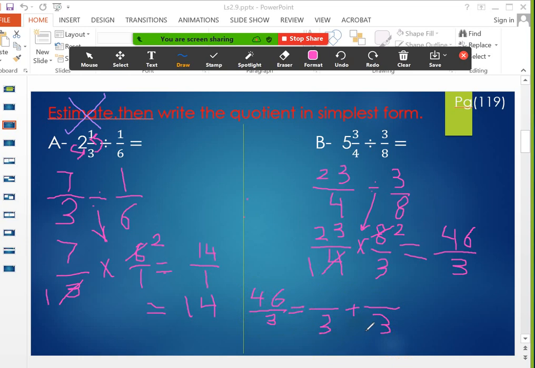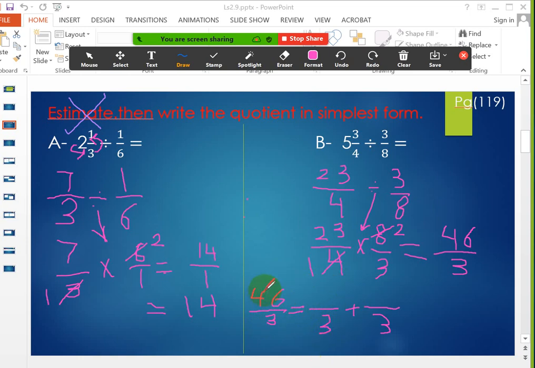So I will break down the numerator. The first one, I have to write the greatest number able to divide on 3.